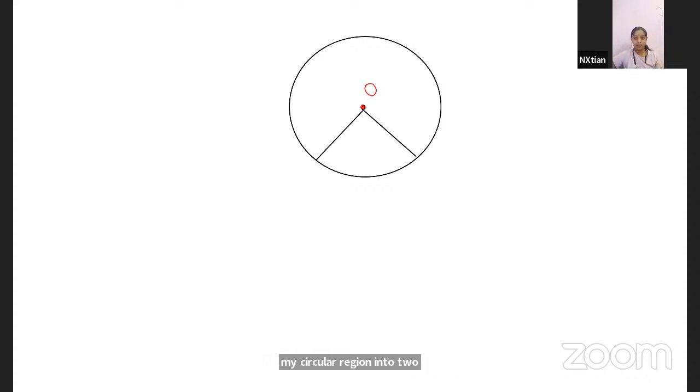But this time it's not known as segments, it's known as sectors. These two parts are known as sectors. I have two regions again, this region and this region.